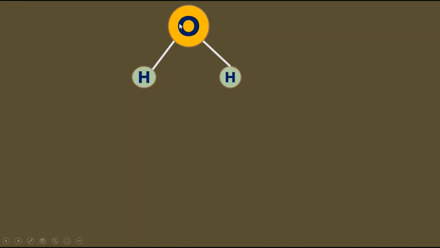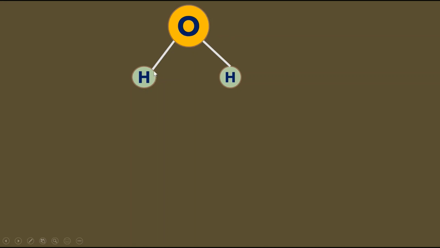And every atom has a tendency to attract electrons towards itself, and this attraction can be different for different atoms. So oxygen has a higher tendency to attract electrons towards itself as compared to hydrogen. That is electronegativity. Electronegativity is nothing but the tendency to attract electrons towards itself, okay?